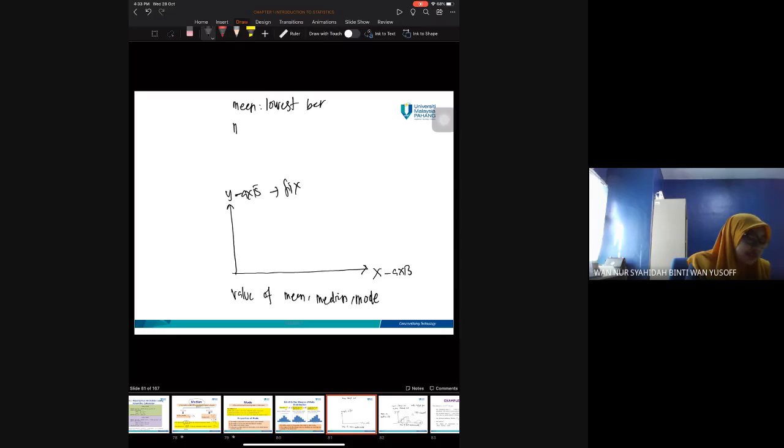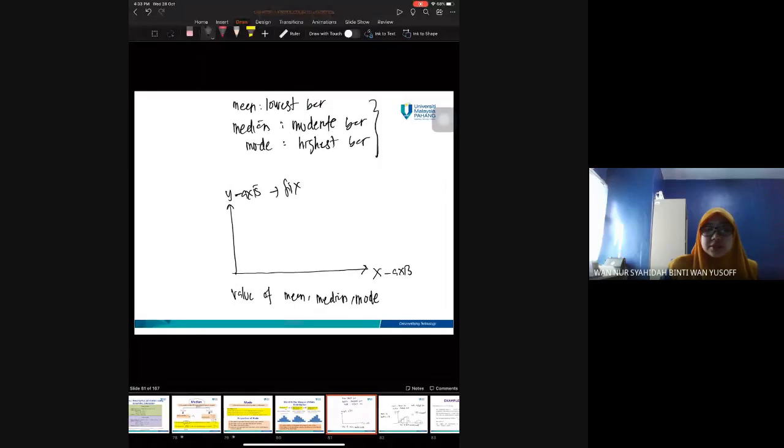The median is the moderate bar, which is higher than the mean, and the mode is the highest bar. So this one cannot be changed. It is fixed already. But the values of the mean and median will change here, so you can plot.